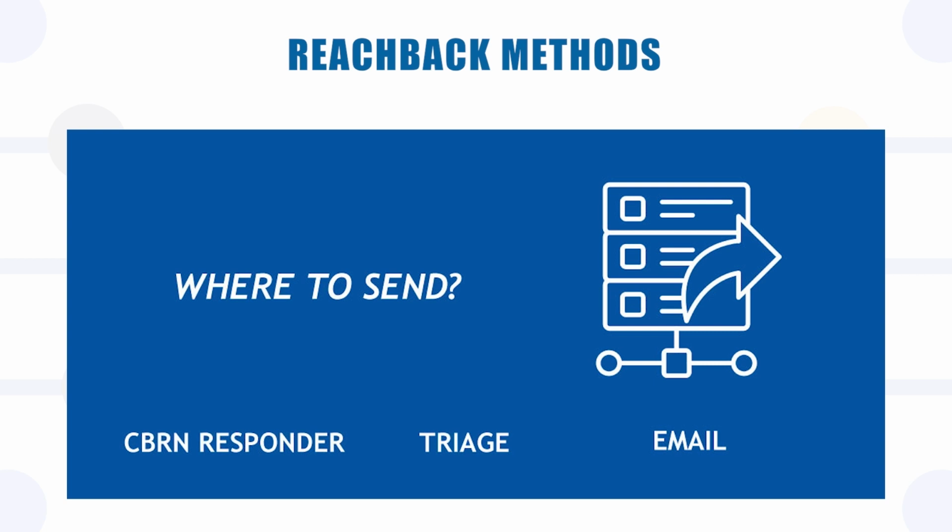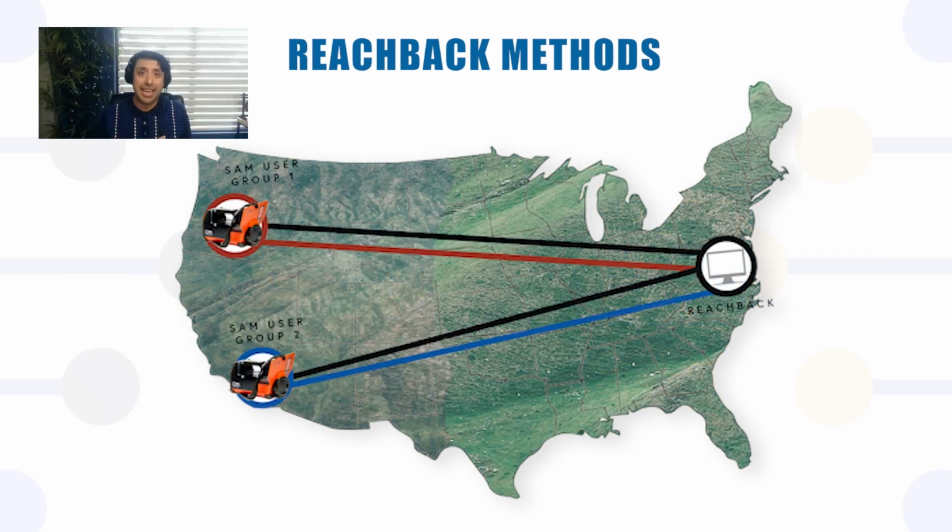Reachback methods represent a fusion of technology, expertise, and communication, providing a powerful tool set for enhancing the capabilities of field operators and researchers alike. By enabling access to remote analysis and expert advice, reachback methods significantly expand the potential of isotope identifiers, ensuring that users can respond to challenges with the highest level of information and support.